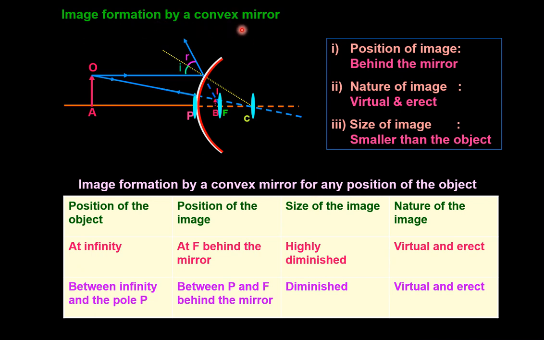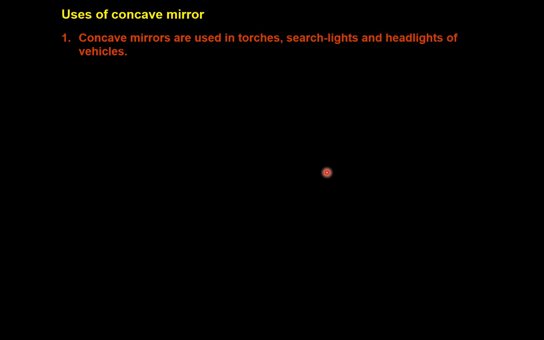Now we are going to study the uses or applications of mirrors. First of all, we are taking the concave mirror. Whenever we say concave mirror, immediately those 6 image formations, that table, should come into your mind.